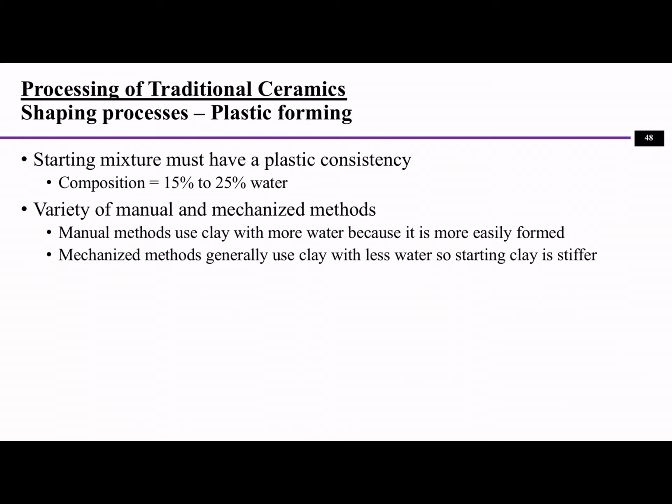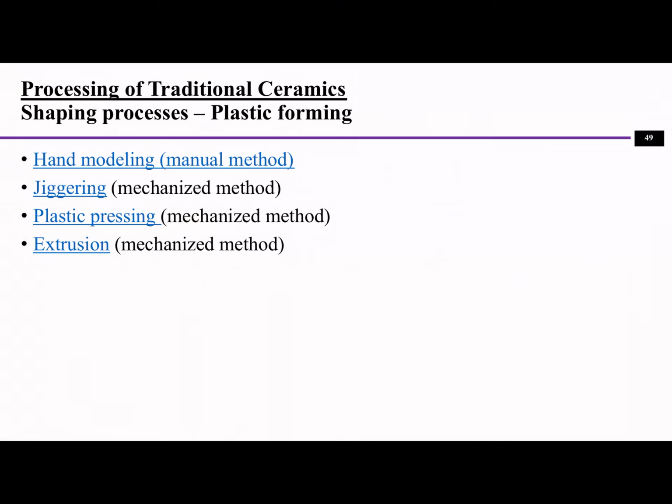And for plastic forming, it can be manual methods or mechanized methods. Some of the manual methods are hand modeling, where we use our hands to form the shape of the plaster, or jiggering with a jig, or plastic pressing, using a press to form the shape, or extrusion to form the shape.